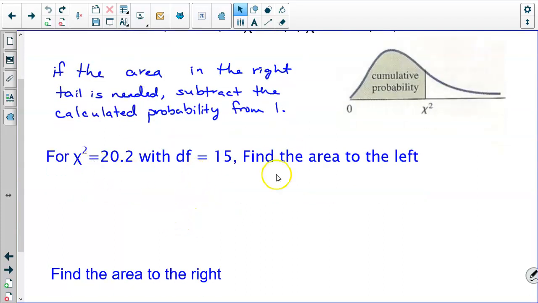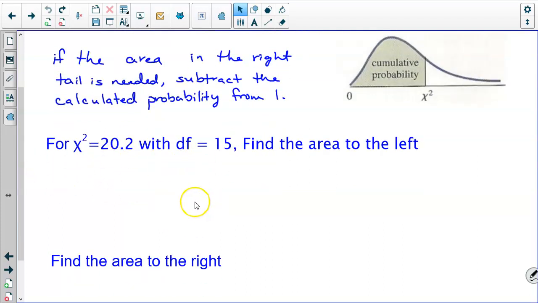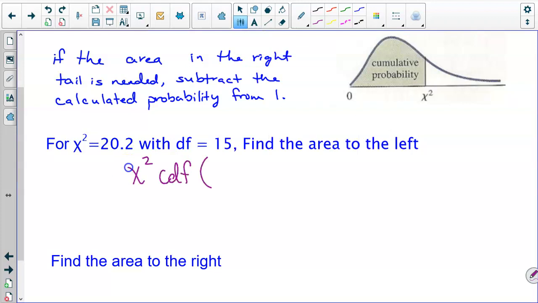So let's go ahead and practice it with this one. I do ask that you write down what you're doing. Just like before when we wrote t-CDF, now we're going to write chi-square CDF, okay? So chi-square CDF, open the parentheses. My lower limit is 0. Then I'm going to put my chi-square value, so 20.2.